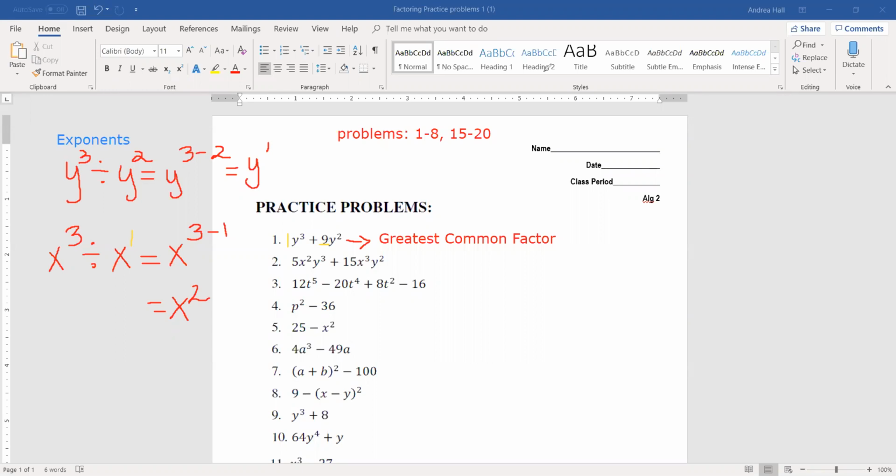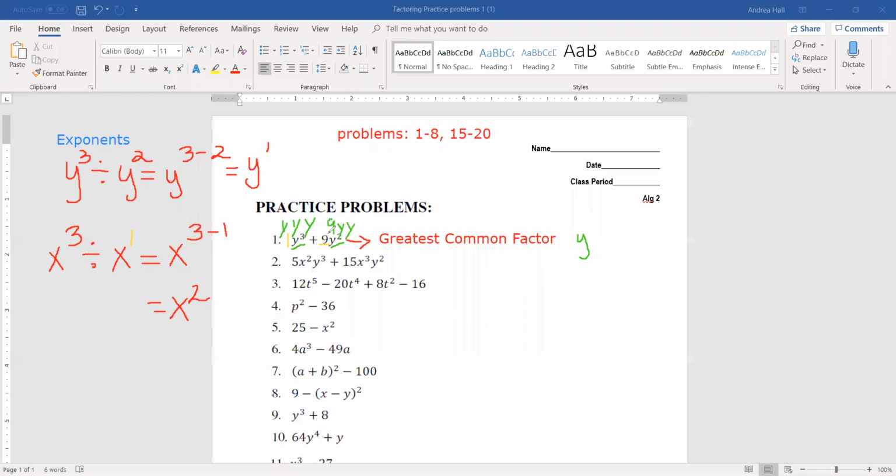However, let's look at the variables, y cubed and y squared. They both have y in common, but not just one y. They actually have 2 y's in common, right? If I was to write this out, this is y times y times y, that's y 3 times. And this one would be 9 times y times y.